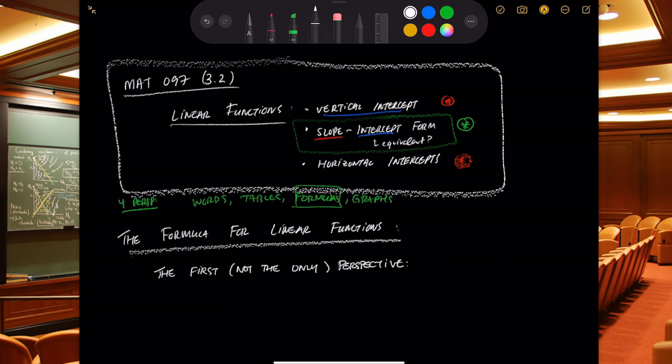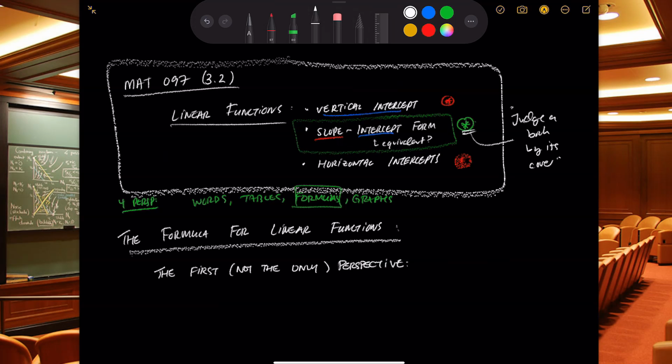So slope-intercept form is a huge idea. It's widely used. It's probably the most commonly used form for linear functions because it's super useful. And the reason is because you can judge a book by its cover, which is what we want to do as humans. You're not supposed to, right?